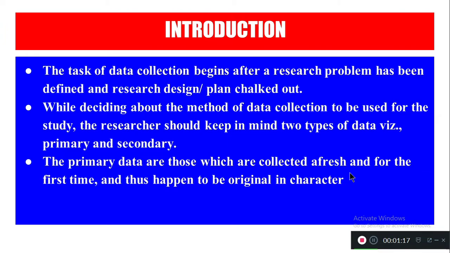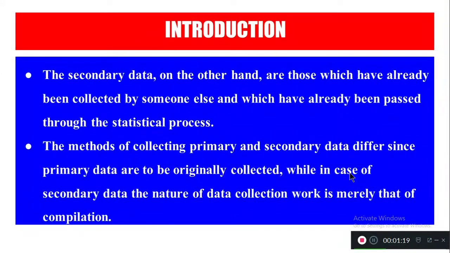There is another type of data called secondary data. This secondary data are not fresh data. These data have been already collected by someone else, and these data have already undergone some statistical process. So this is secondary data. Mostly in nursing research, we are collecting primary data only.